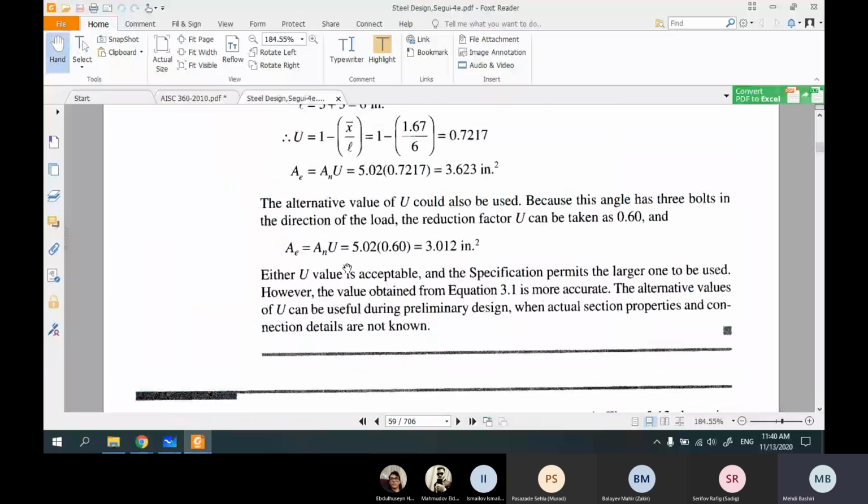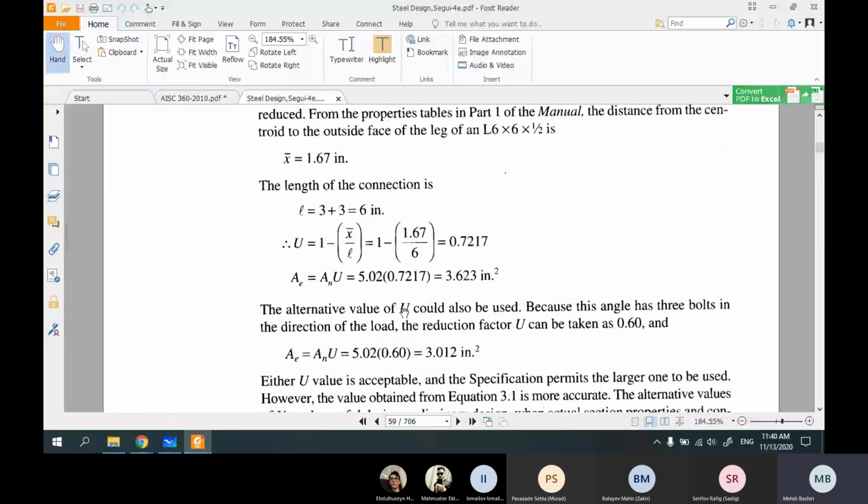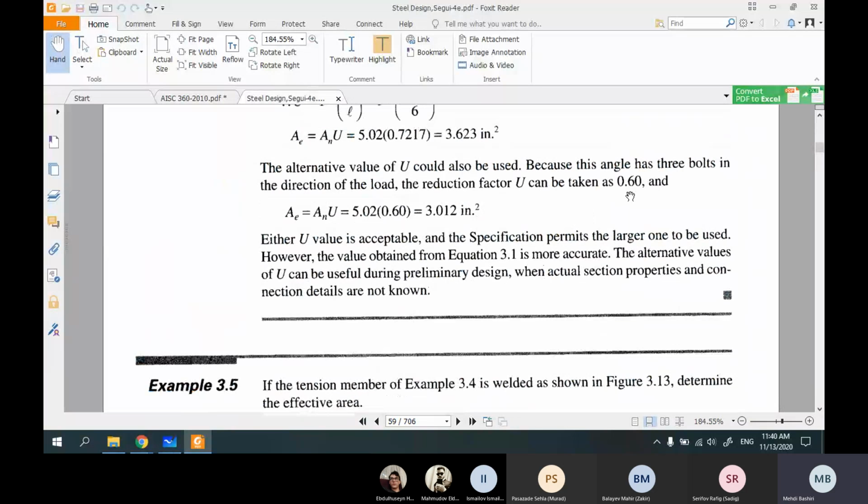But you can see that if you follow this equation, your area would be 3.6. And if you use this simple method, the area is 3.